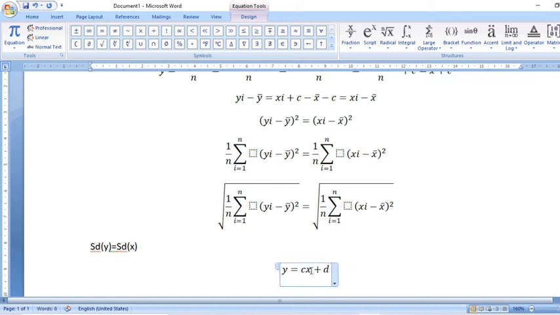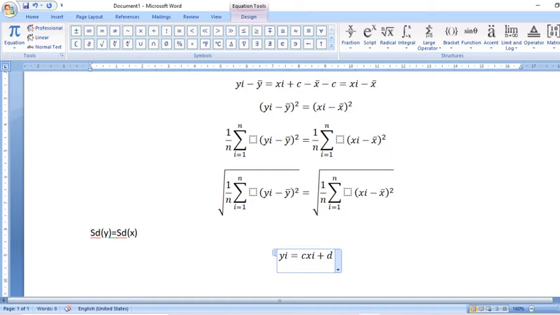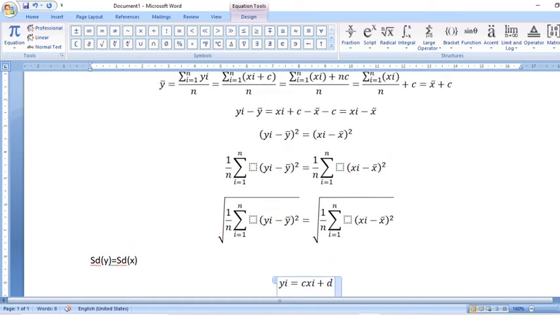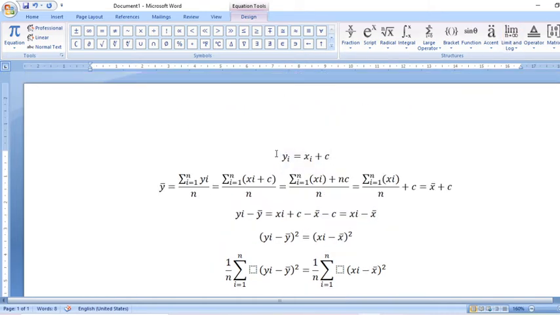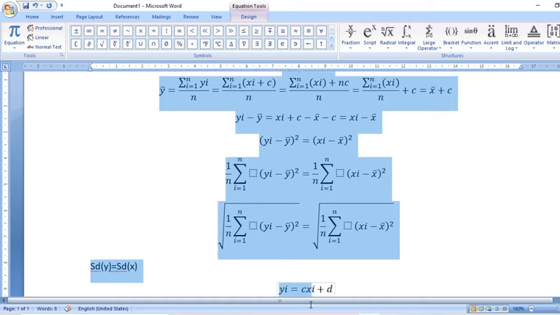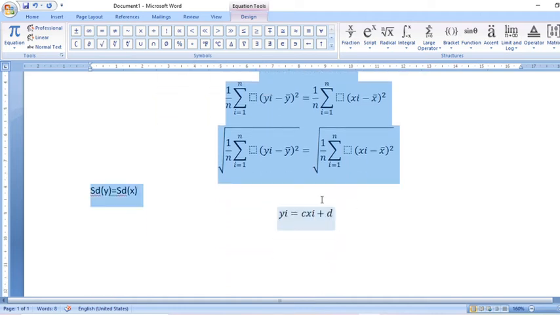Simultaneously change of origin as well as change of scale, so y equal to c xi plus t. You can consider similar steps here.